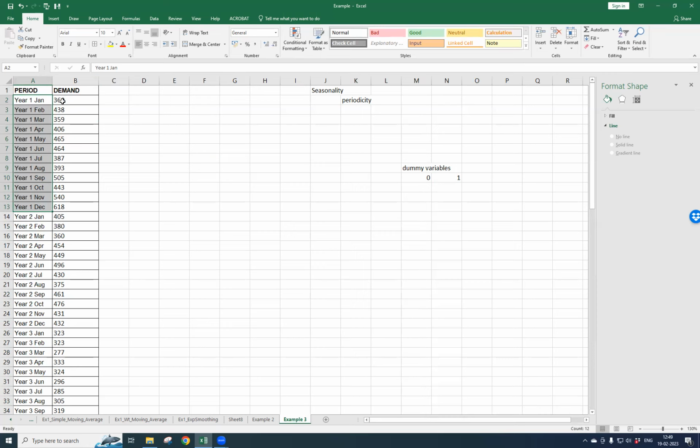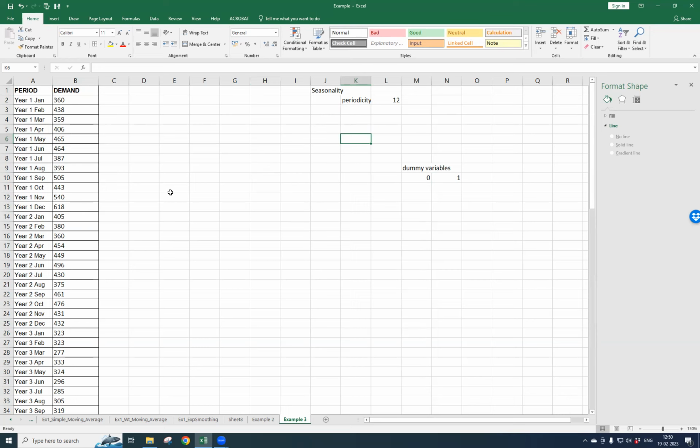And I am assuming that every January, the value that I see seems to be closer to that 350, 330 mark. That is what I am assuming. It may not be the same, but I'm just assuming that this is the pattern that is followed. So I would want to represent this periodicity of 12, that is, after every 12 periods, the demand is repeating itself.